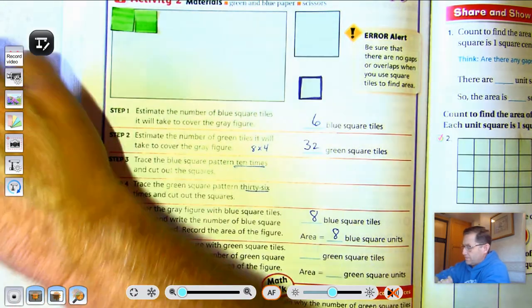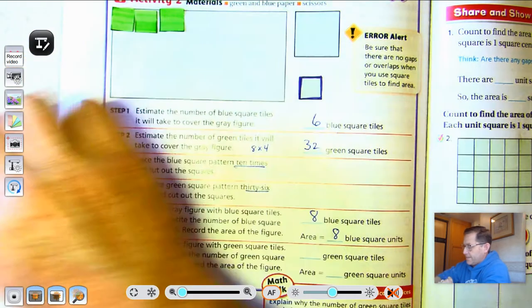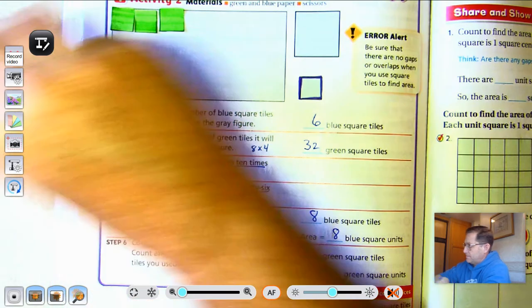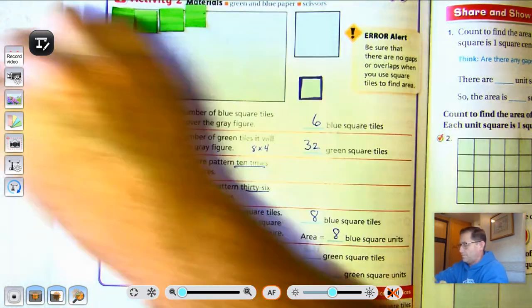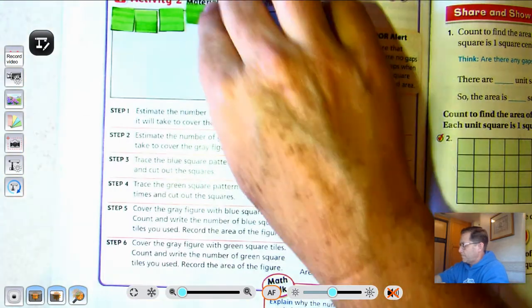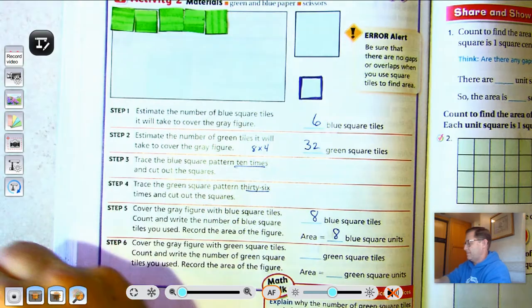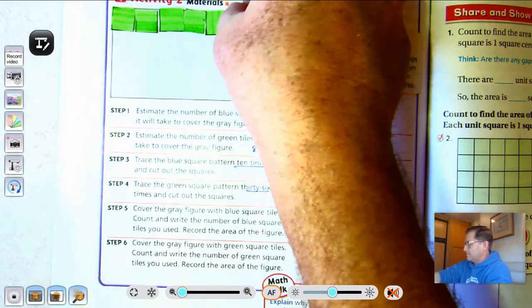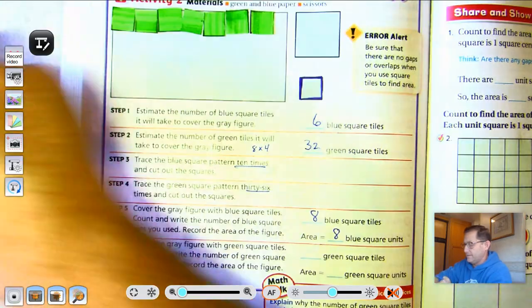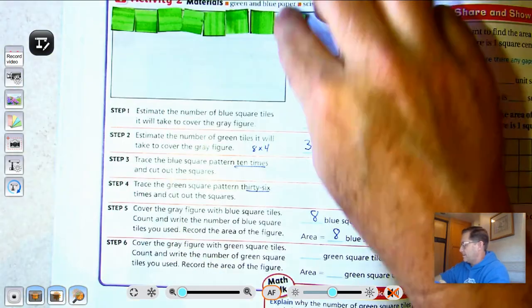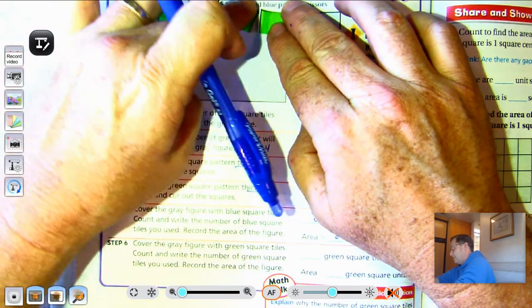I'm going to go all the way across first. 2, 3, 4, 5, 6, 7, 8. Oh, so my guess was right, going 8 across.